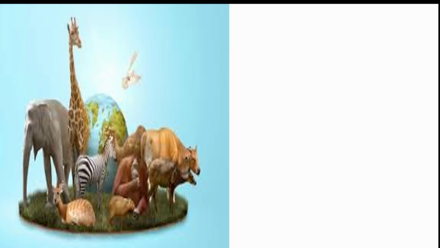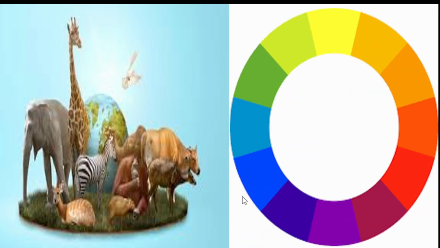And then we have the earth behind here and a bird flying over. All of these are different things, but they are all creating a harmonious effect. That's harmony. Another example, in arts, we use the color wheel. We can see different colors.